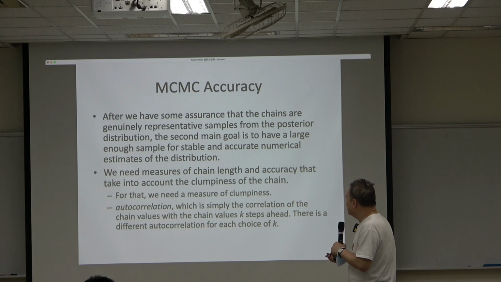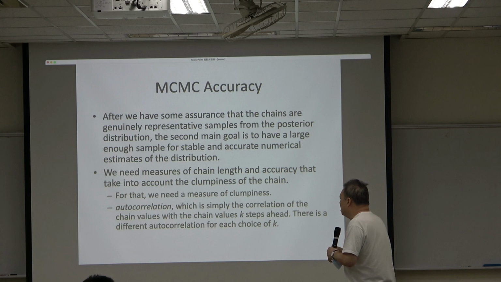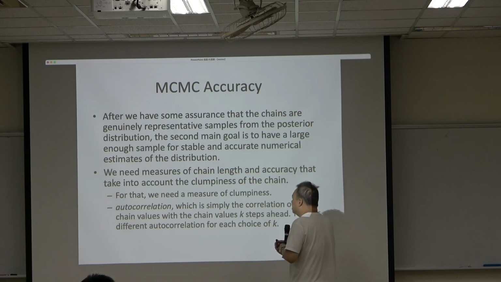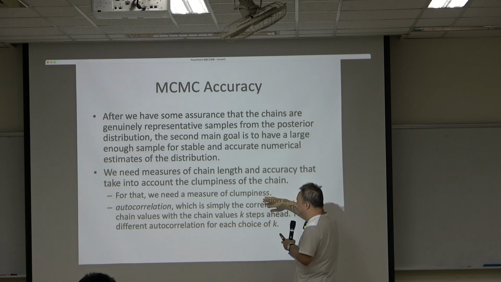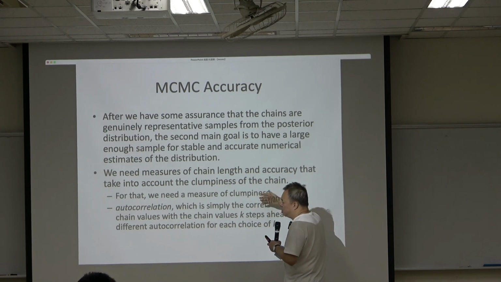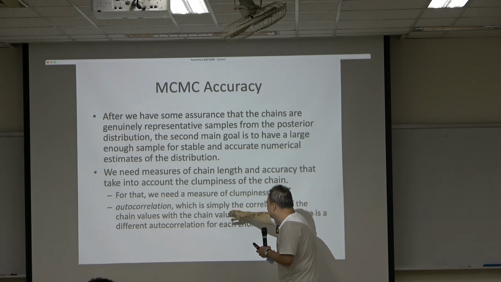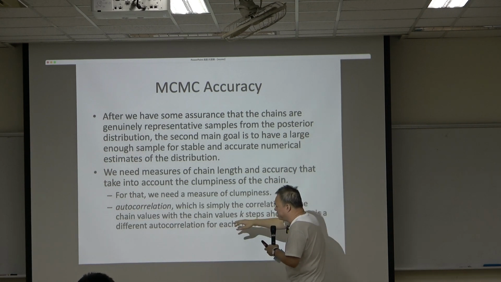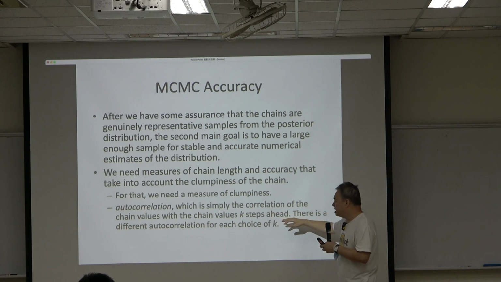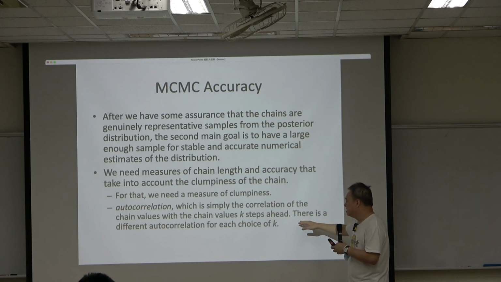And yes, autocorrelation. The autocorrelation is a measure of clumpiness. It's simply the correlation of the chain values with the chain values k steps ahead.